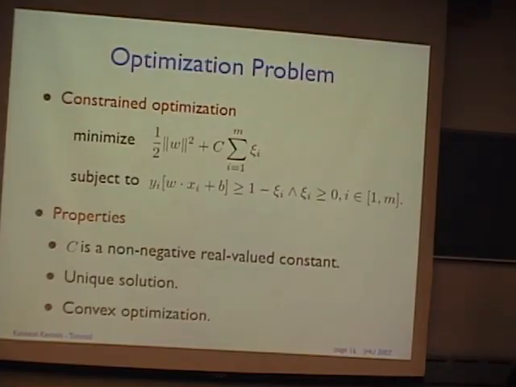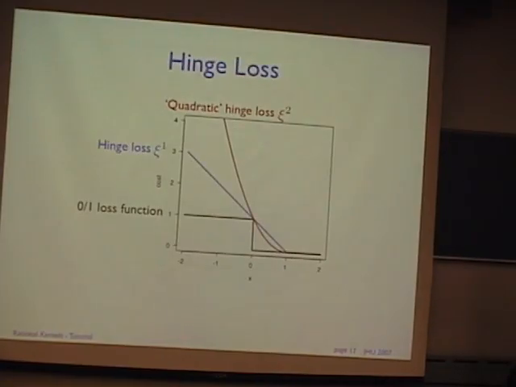Just a small word about our error function. It is an approximation. I mean, in reality, we would like to minimize the number of errors, right? But that doesn't leave us with a convex optimization problem. So instead, we use this hinge loss function, right?